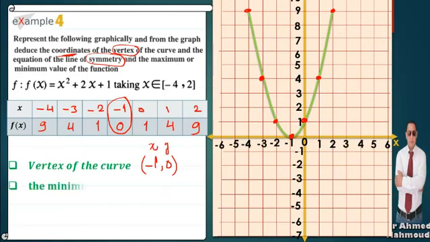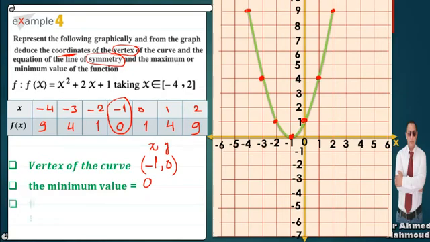Okay, here the minimum value. Why is this one minimum? Because it's U shape and the vertex here is at the bottom, so it's the least point, so it's minimum. The minimum value is 0 from the vertex.